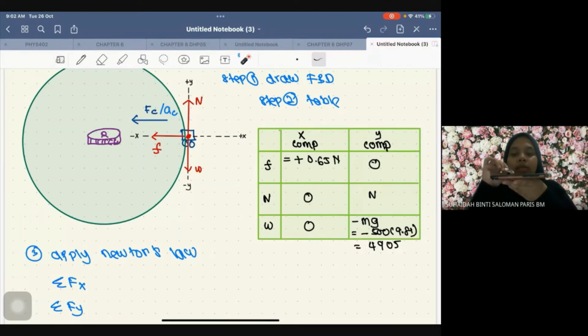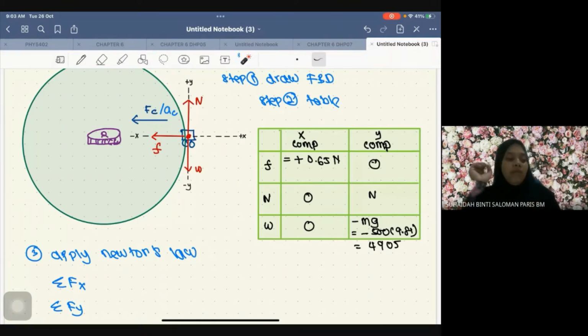Okay. The object ataupun the car dia tak naik atas ke arah langit, ke arah positive y. And the car pun tidak bergerak ke bawah ke arah negative y. So there is no motions on the y-axis. And the motions of the car only involve on the horizontal plane, which is the x component.